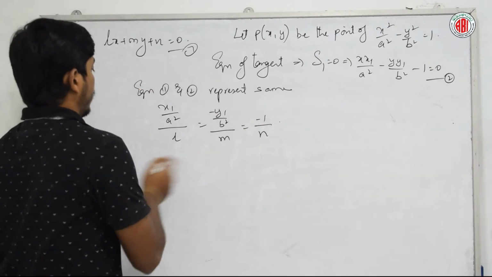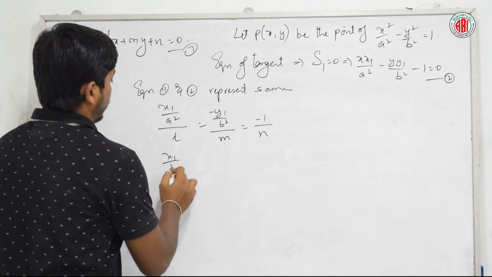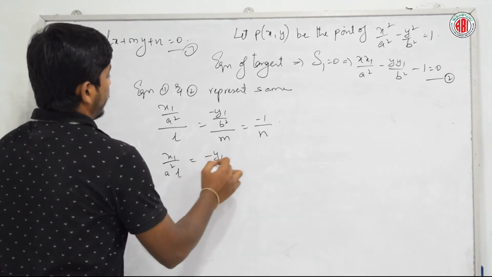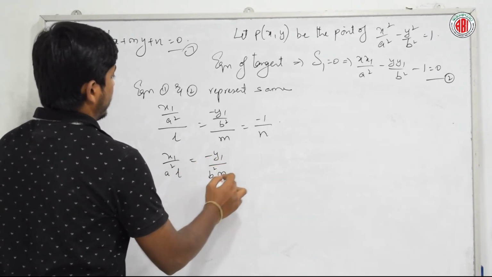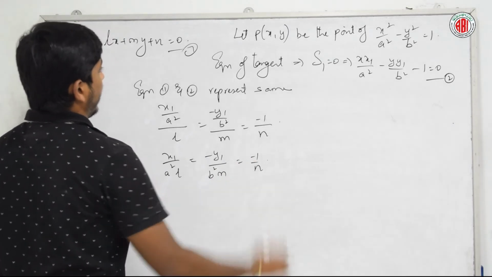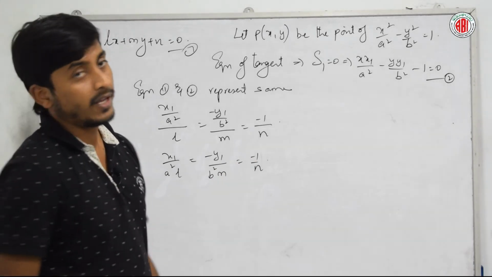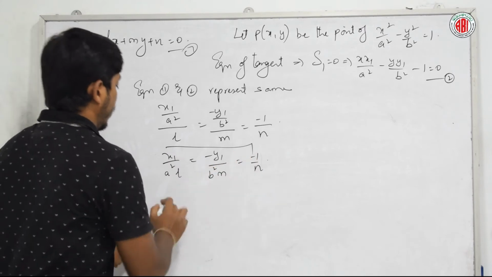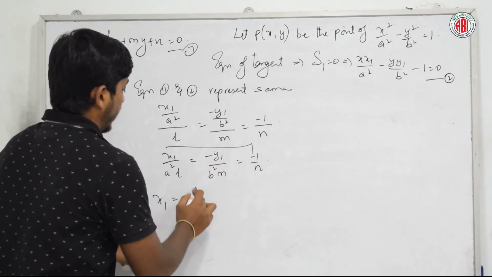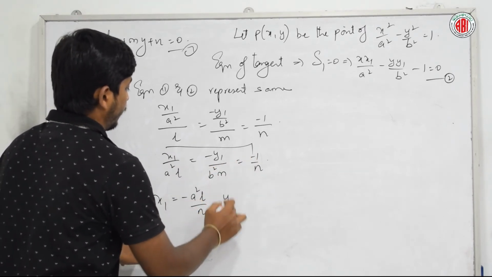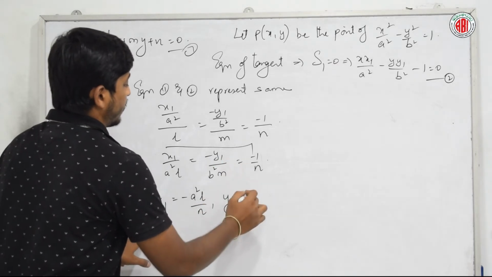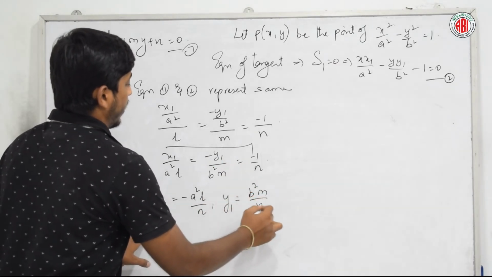Right? Do the same thing. x1 by a square L minus y1 by b square m is equal to minus 1 by n. Is it fine? Now what will be the point here? x1 is equal to minus a square L by n. y1 is equal to minus, minus will get cancelled, I will get it as b square m by n.